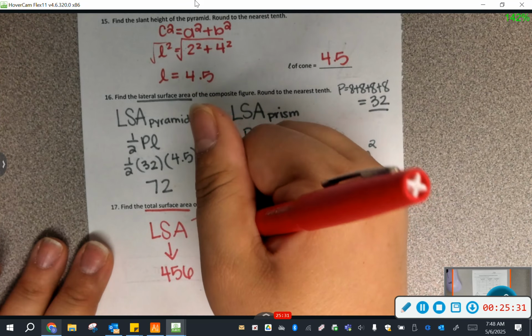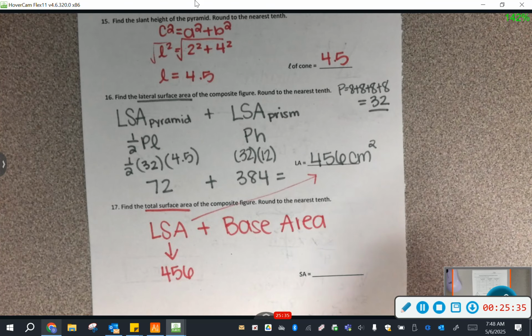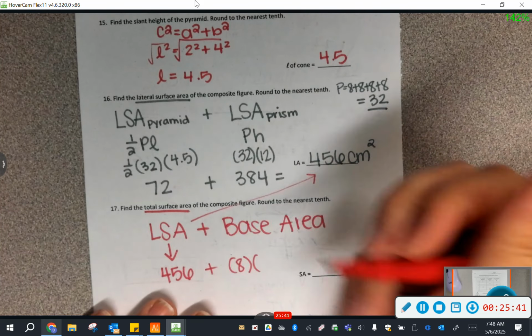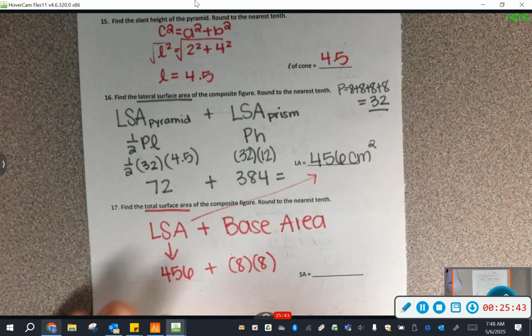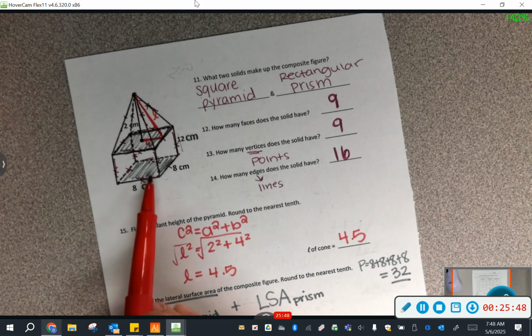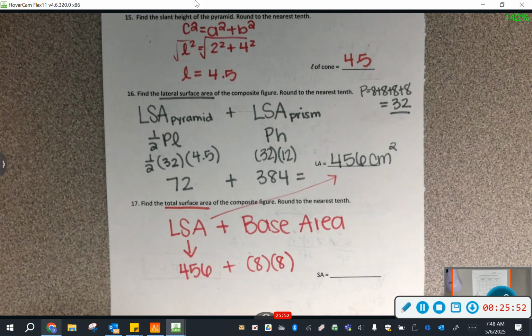How do I find the area of the base? Base times height, which is? 8 times 8. Plus. Or no, it would be 8 times 5. No, you're right. 8 times 8. Because the base is the very bottom. The base that we did not find is that very bottom. So you do 8 times 8.